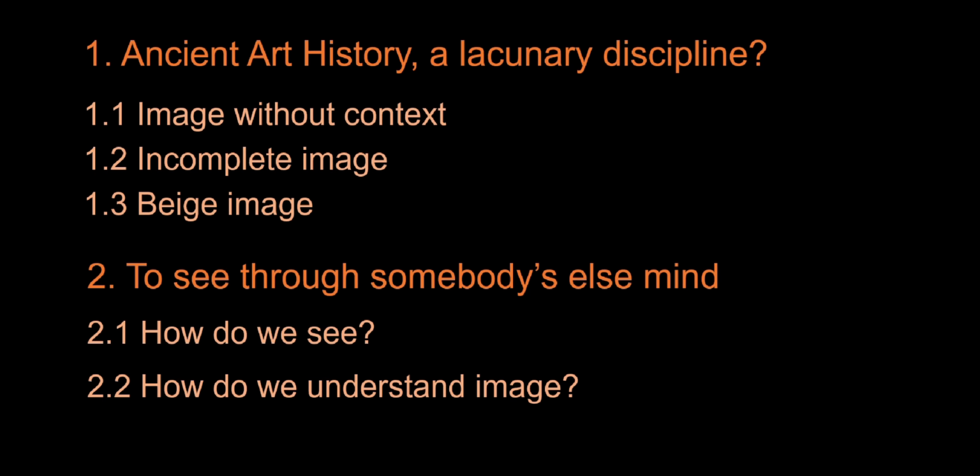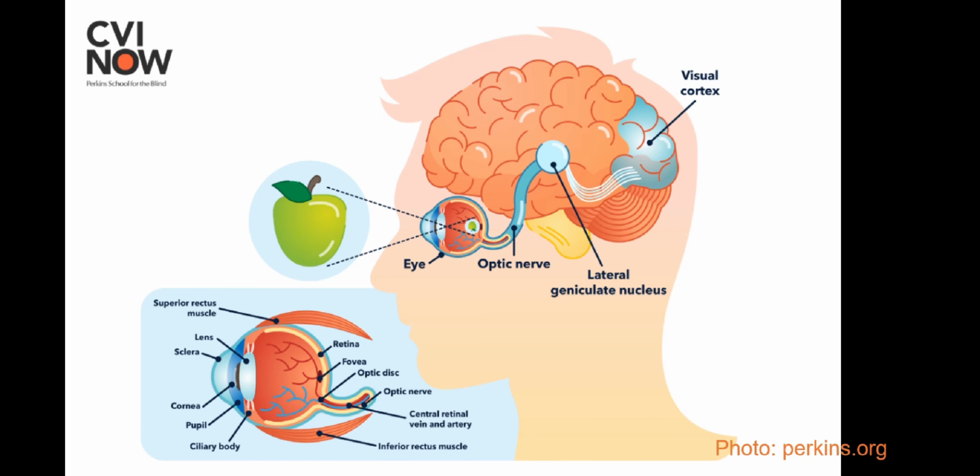Let's go back for a second to the process of vision. Remember that the electrical signals travel along the optic nerve to the visual cortex, the part of the brain where meaning is derived from them. That is the second part of the process of vision, which is making sense, transforming the electrical signals into an understandable image.